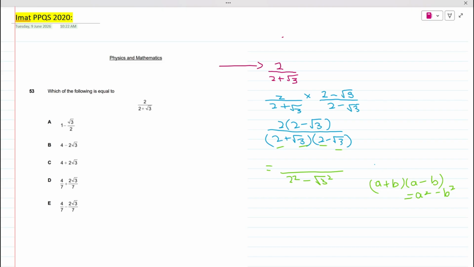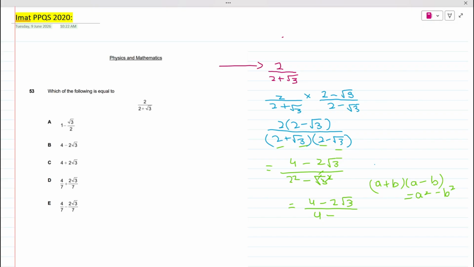In the numerator, this 2 would be multiplied with both terms in the bracket. So 2 twos are 4 minus 2 into radical 3 is 2 radical 3. Let's simplify it. In the numerator we have 4 minus 2 radical 3, and in the denominator, 2 twos are 4, and of course this square cancels with this root, so what are we left with?